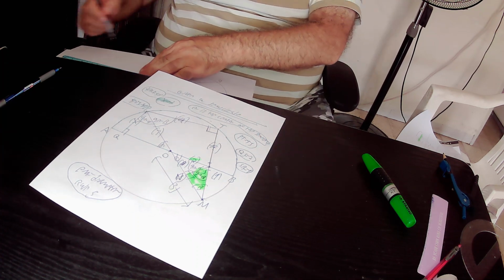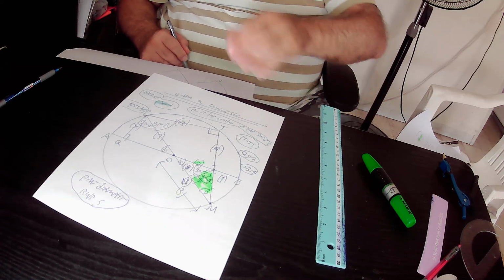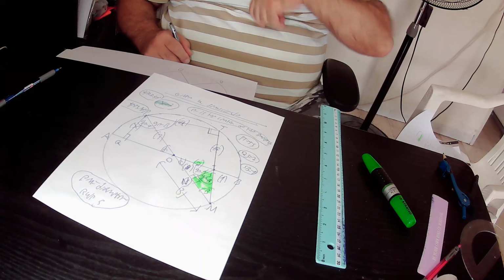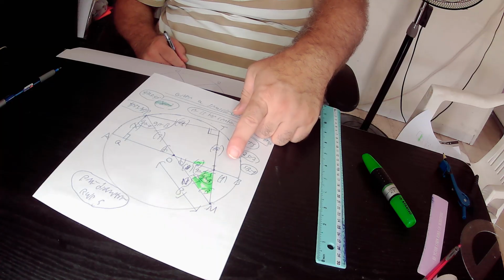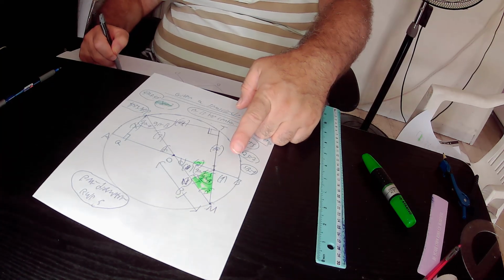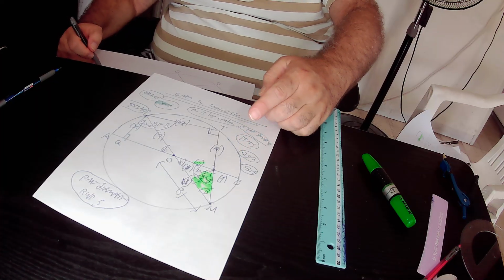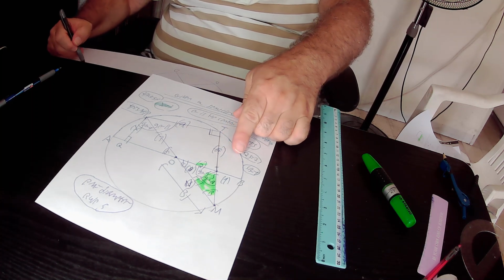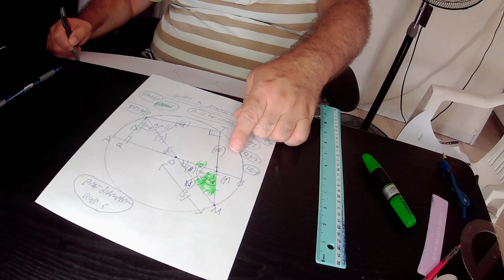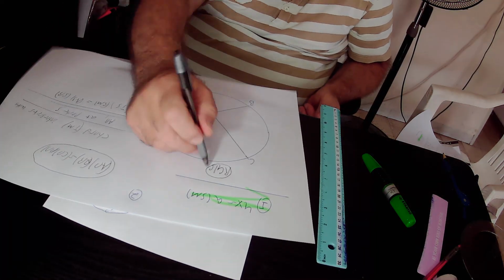So according to the rule that I presented to you, the following equation is true: TS times SM equals AS times SB. I define this rule as rule 15.